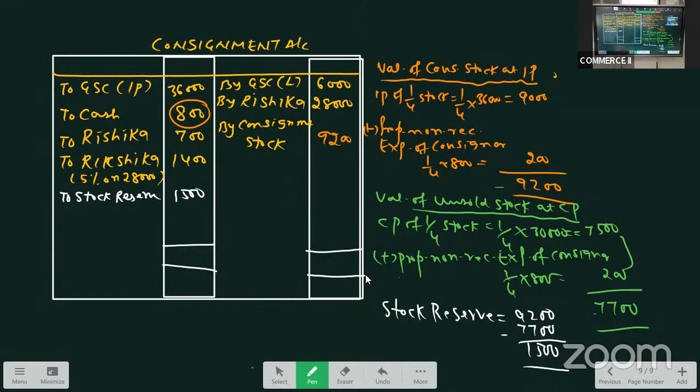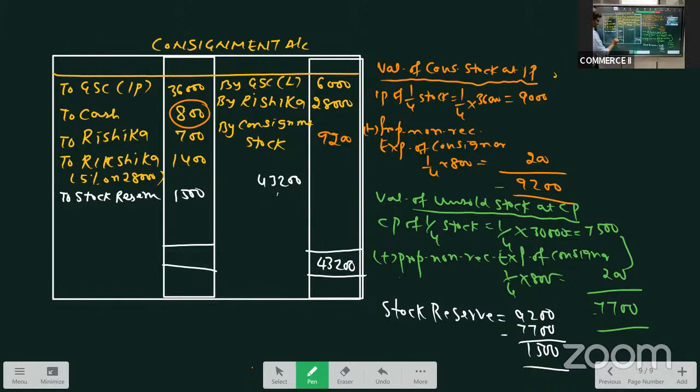Now let us check the profit or loss on consignment. What is the profit or loss on consignment? See the credit side total, 43,200. Okay.